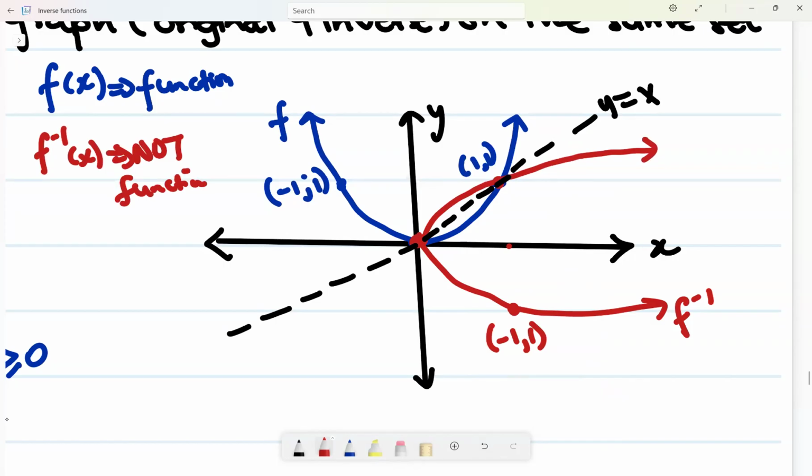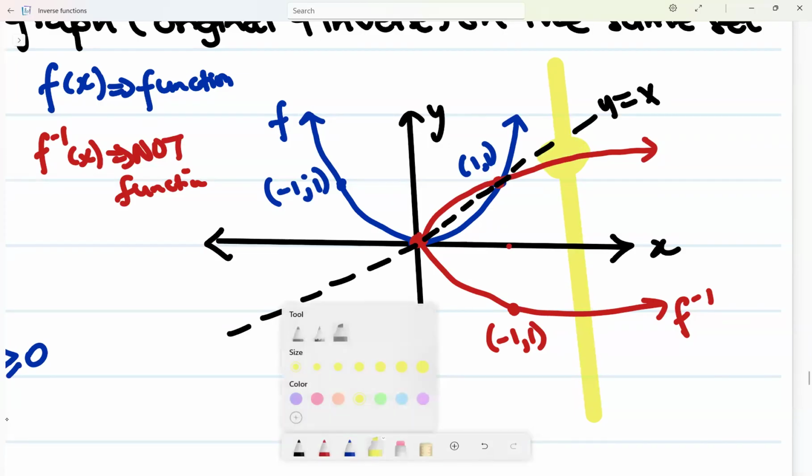Remember, now I'm trying to deal with everything that is a function. So what is it that I'm going to do such that this one becomes a function? What I can do is say this one becomes a function if it touches once.